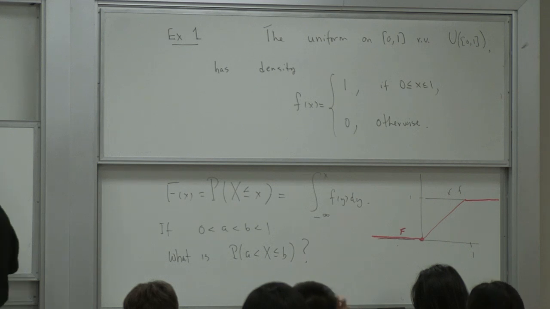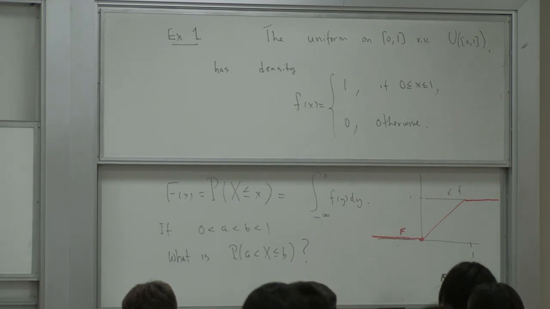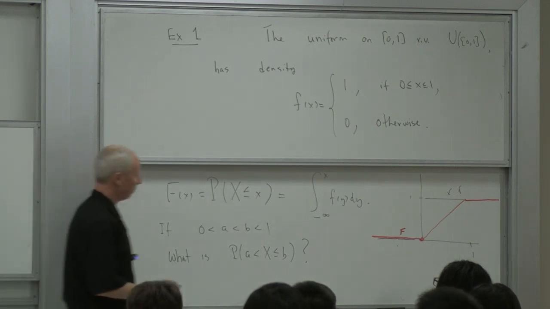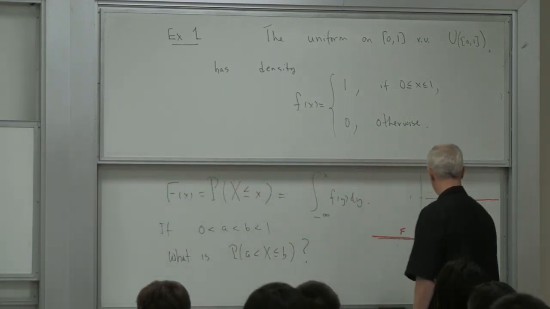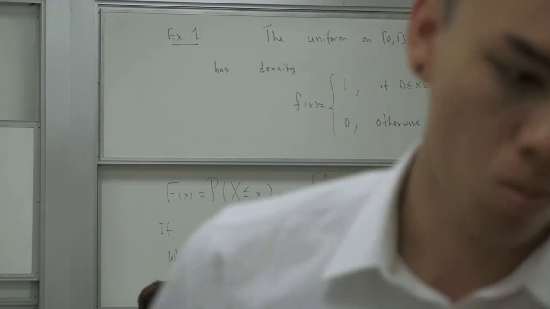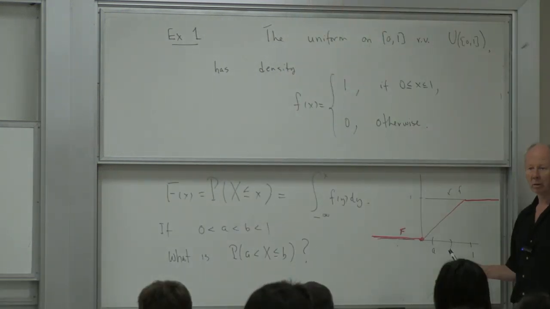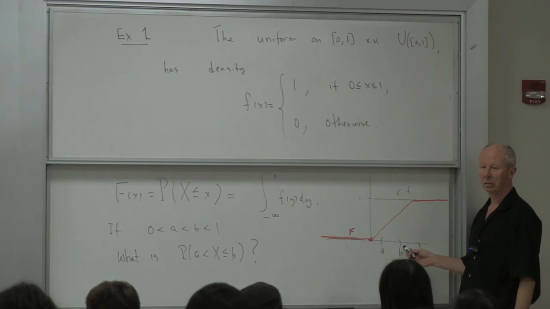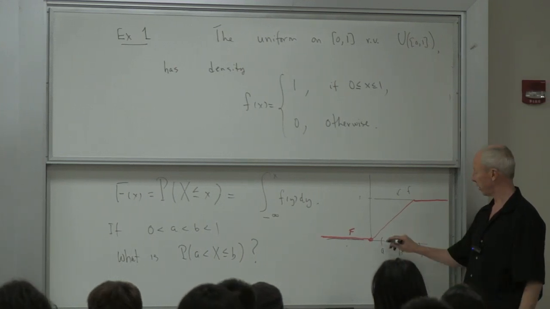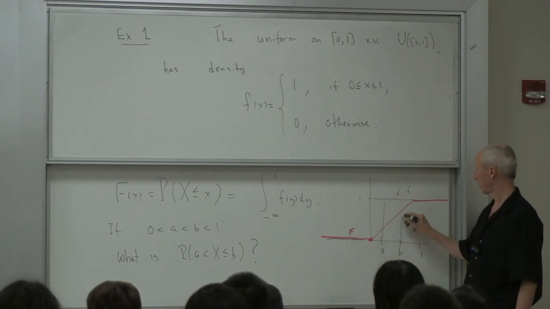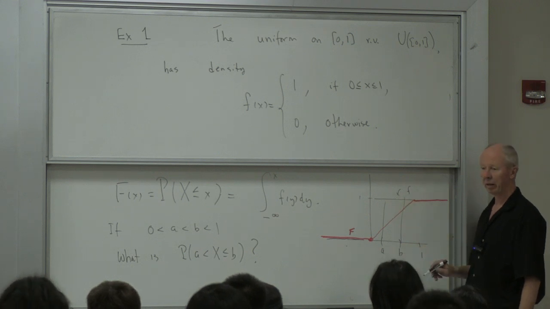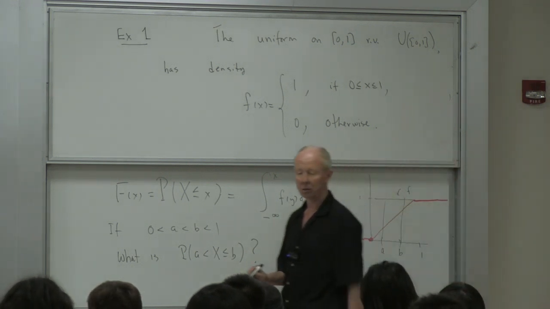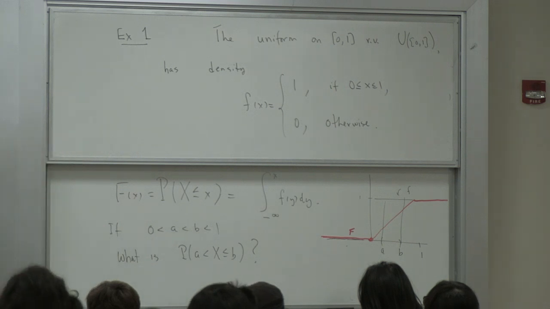Now let's use this particular example. Our numbers are like here and here. What would the integral of 1 be from a to b? Well, you're looking at the area of a rectangle of height 1 and base b minus a. So that integral is b minus a.